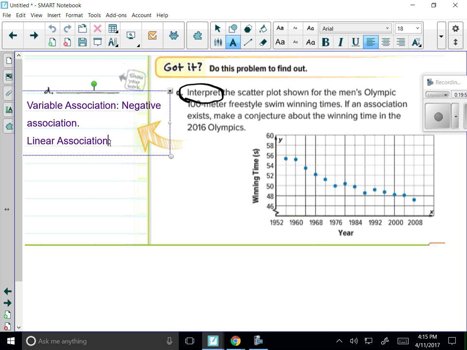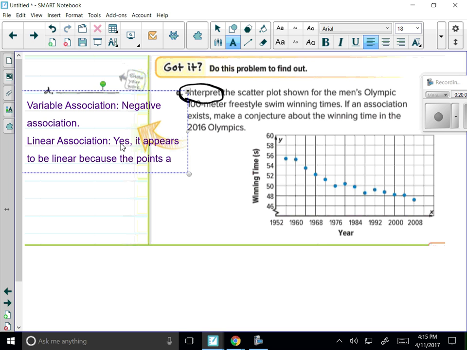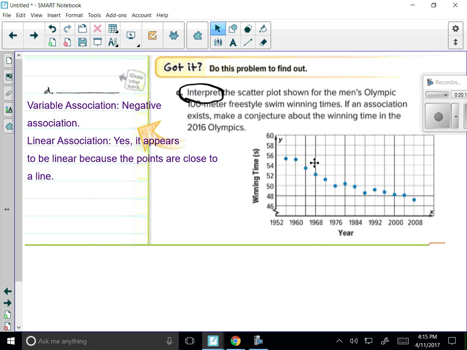So the linear association, we would say, yes, it appears to be linear because the points are close to a line. And then I really don't see any other patterns. There's no clusters. There's nothing that's close together. And there are no outliers. There's nothing crazy up here.